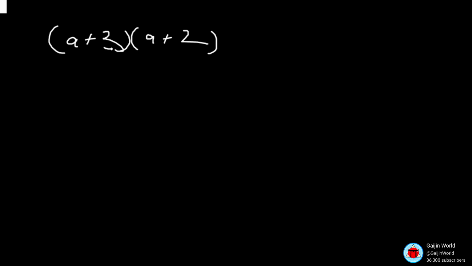There. Oh, that's a 3. That's a 3. Okay. Now you got this, right? So it's times a by a. You get a squared. Then a times 2. You get 2a. Then 3 times a. 3a.